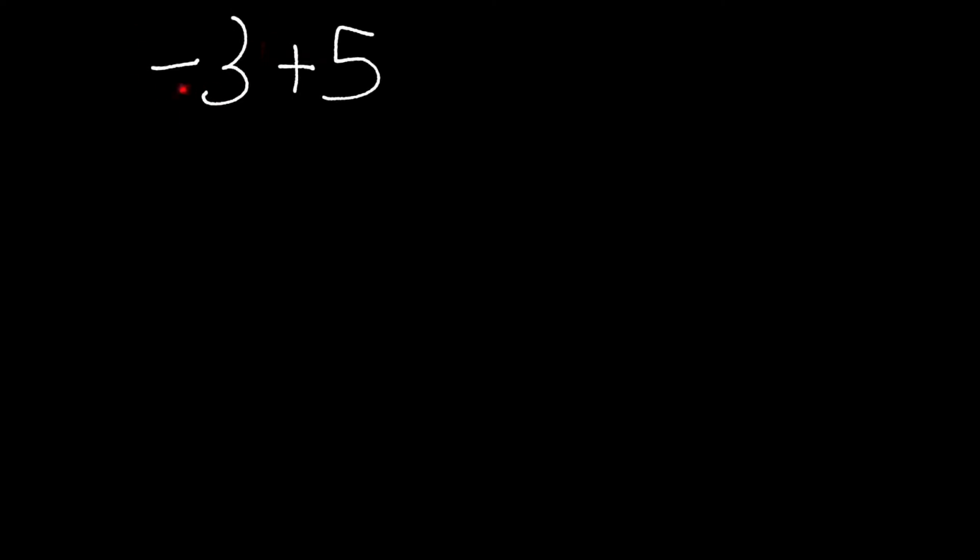When the signs are different, what we want to do is subtract the smaller number from the bigger number. Sorry, I said that wrong at first. So I'm going to change this to 5 minus 3. Well, what's 5 minus 3? It's 2.